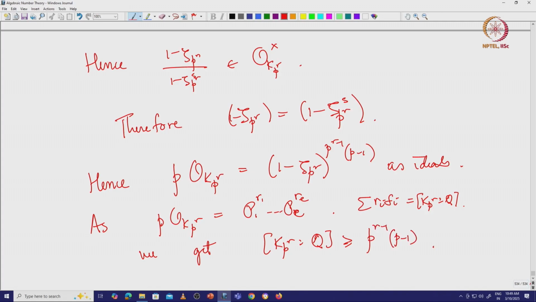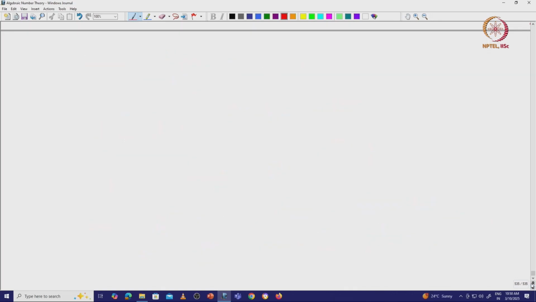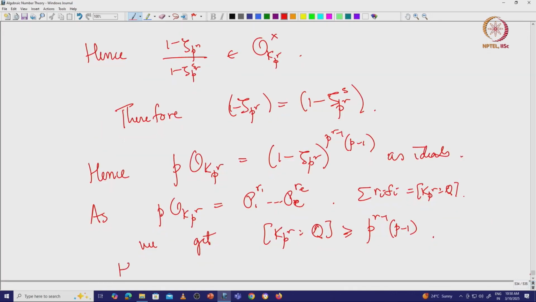And a moment ago we proved that the degree was less than or equal to this. So, hence we get that the degree of K(p^r) over Q is exactly equal to p to the r minus 1 into p minus 1.